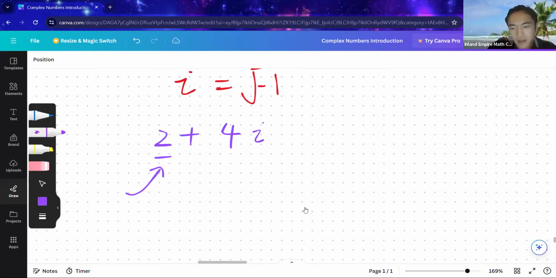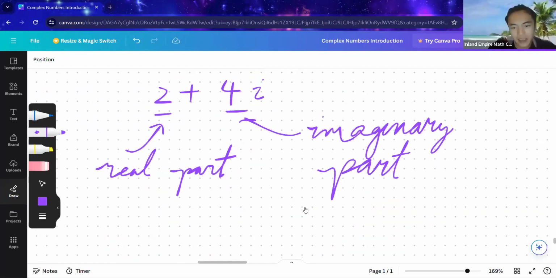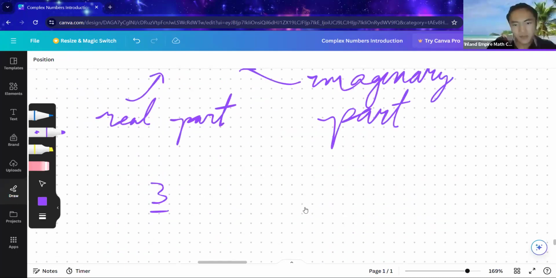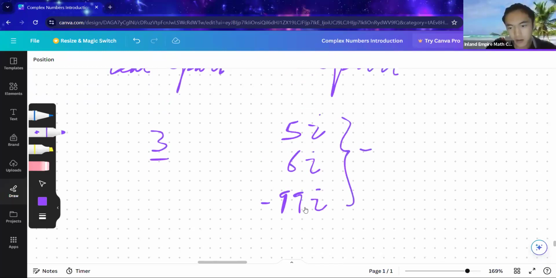Similarly, if you have a number just by itself, like 2 or 3, that's called a real number. And if you just have something like 5i or 6i or negative 99i, these are all called imaginary numbers.